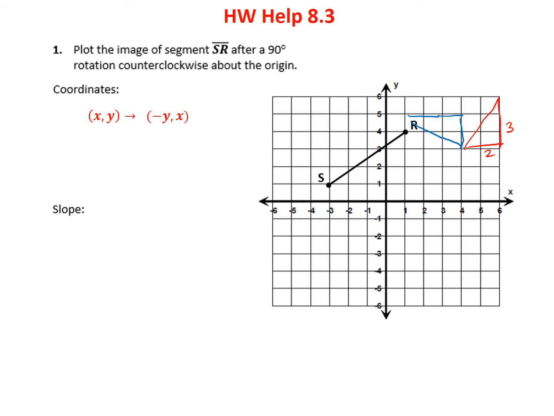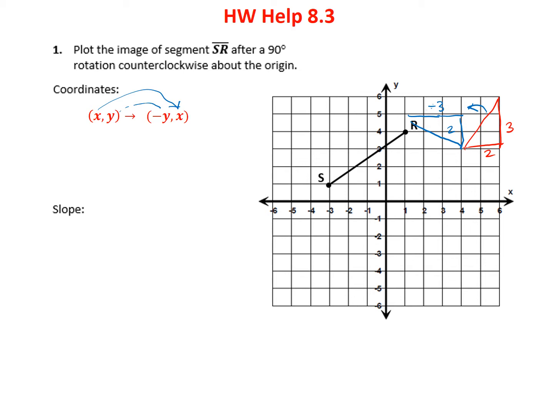And you'll notice with the rotation of 90 degrees, what happened is the positive 2 in x became a positive 2 in y. So the x became a y in the y position. But the 3 here goes from a y to an x, but becomes negative. So it's negative 3, negative y.